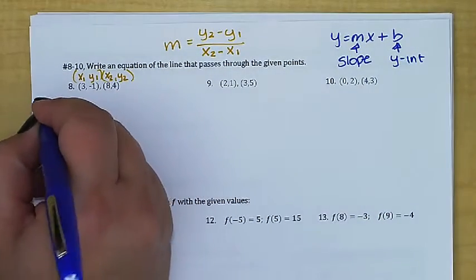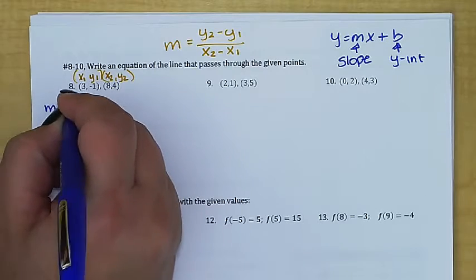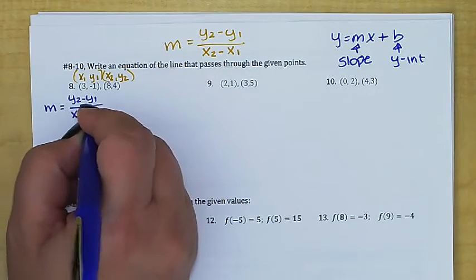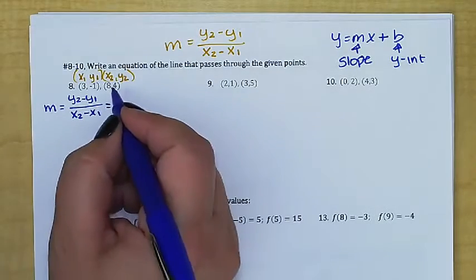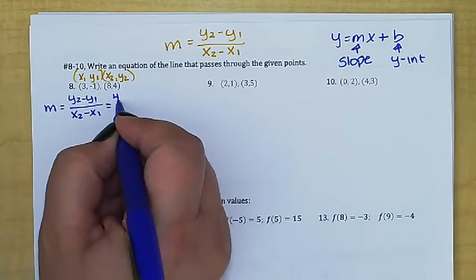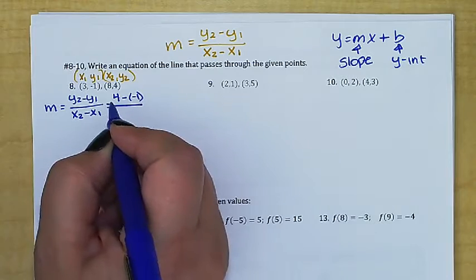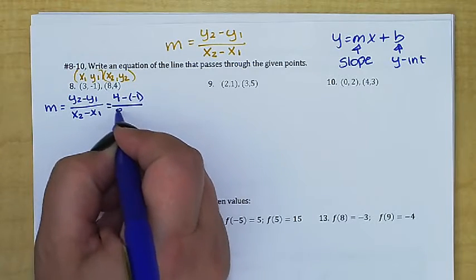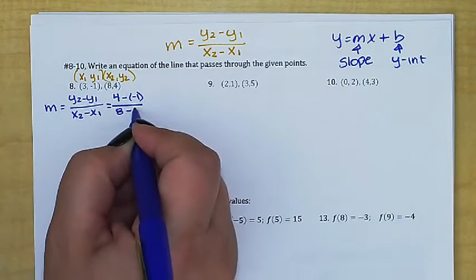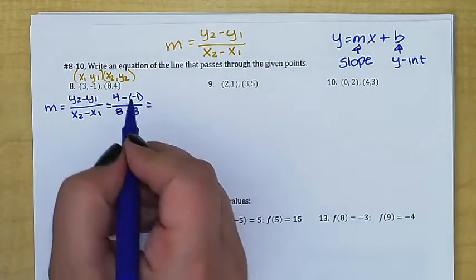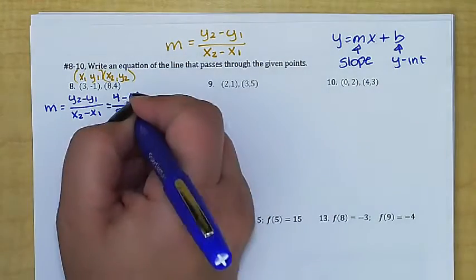So let's start with slope here. The slope, remember, is y2 minus y1 over x2 minus x1. So in this case, that means 4 minus that negative 1 for my y's, and then on the x's, it would be 8 minus the 3. Which is fine. Now, when we have a double negative here, it becomes a positive.